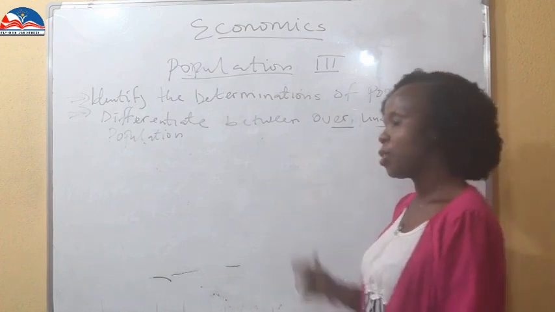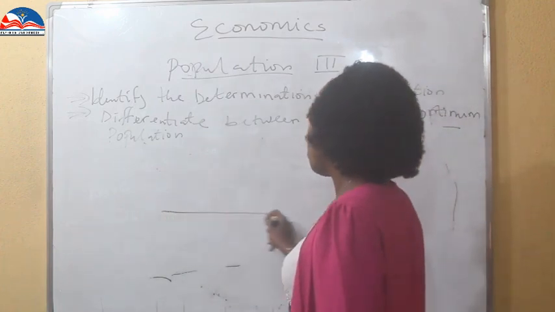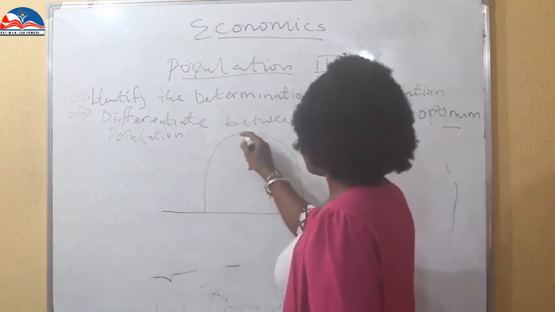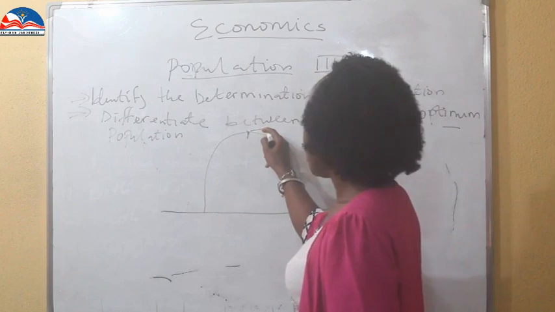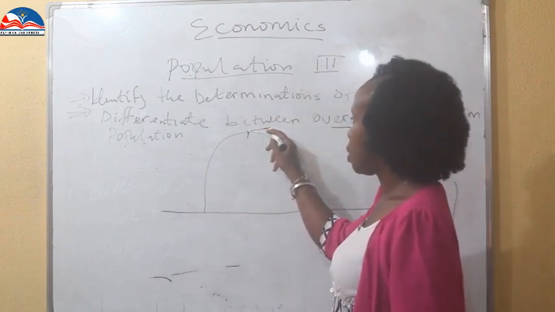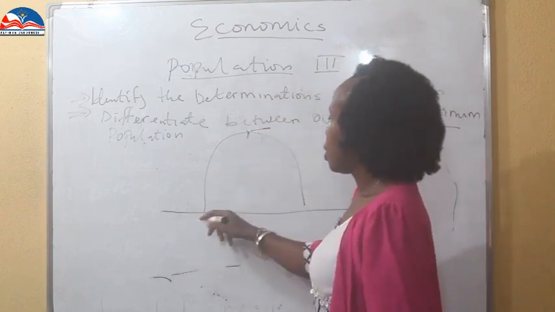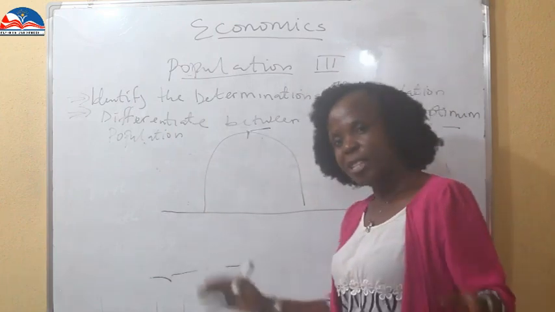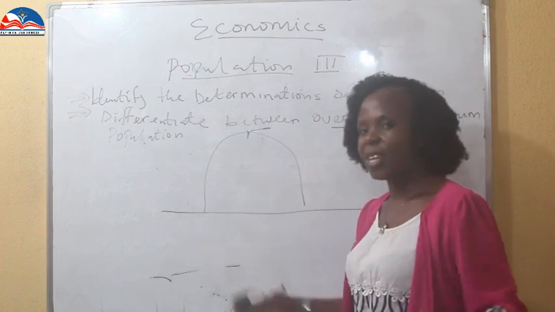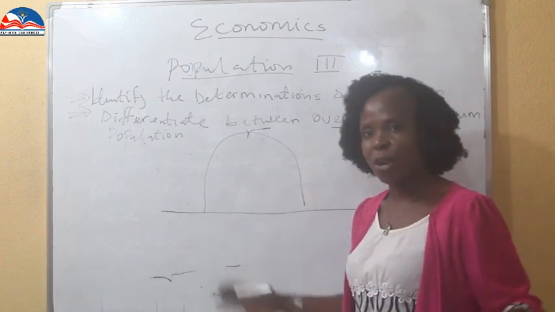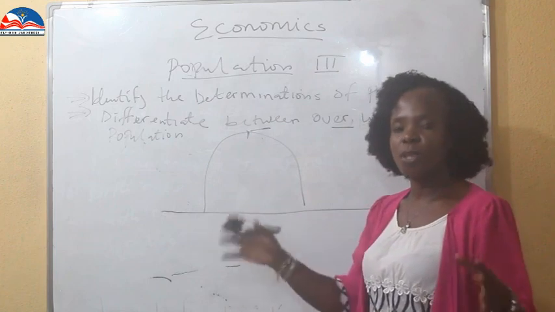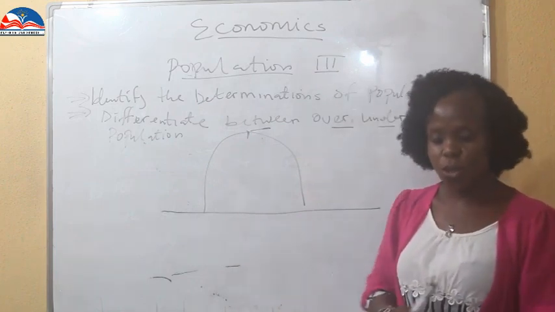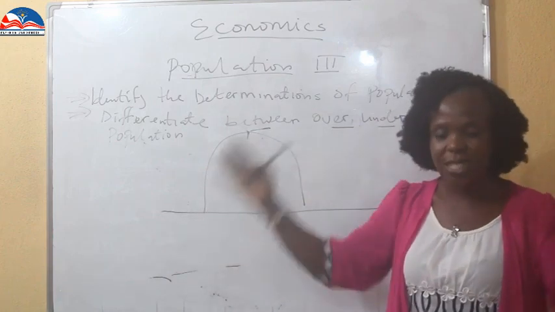The optimum population, let me use this to explain what optimum population is. Here is the optimum. Resources here take care of everybody. So if everybody is economically taken care of well, is socially taken care of well, resources available can go around everybody, then we say it's optimum population. So how can we differentiate it? We've seen what optimum is. Resources get to everybody. It is at equilibrium.